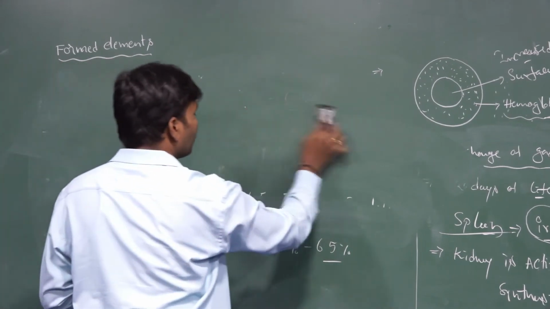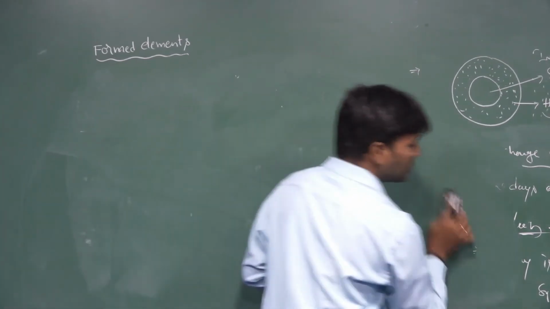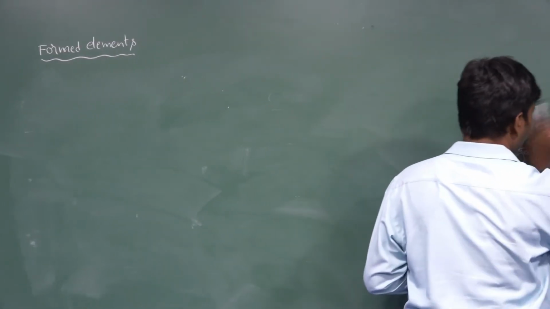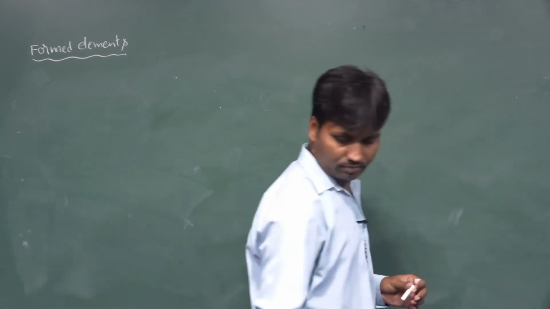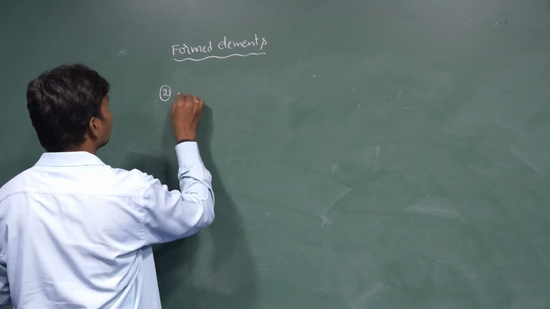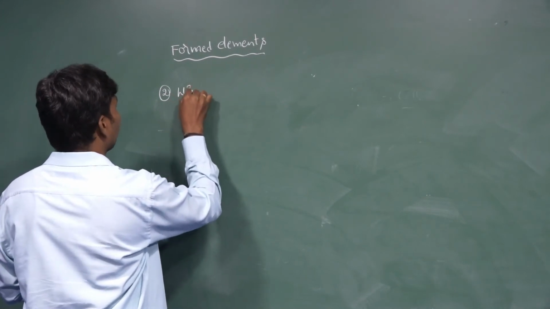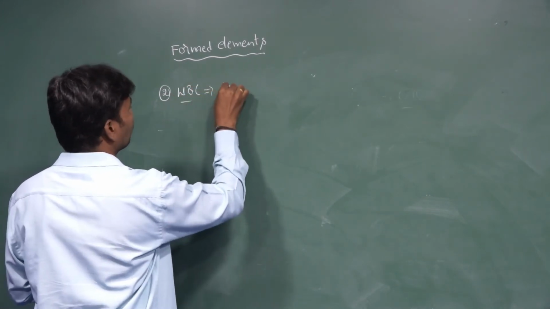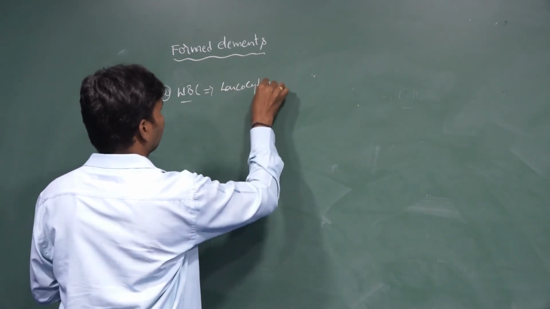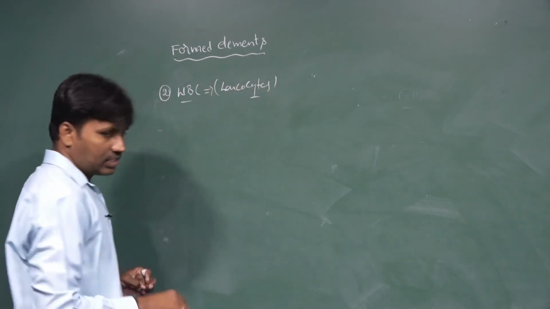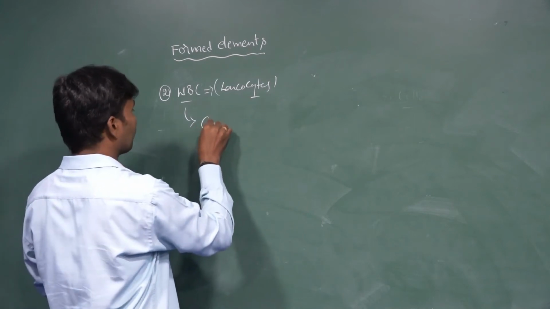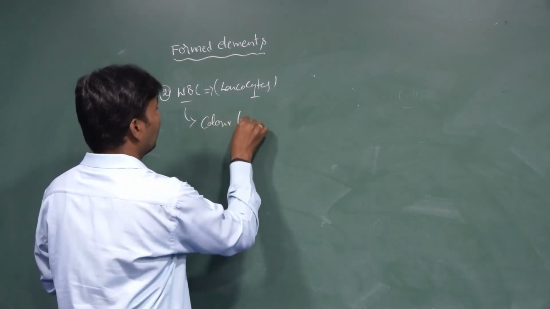So these are the first elements. The next element we are taking is the WBC, or leukocytes. Leuco means colorless.